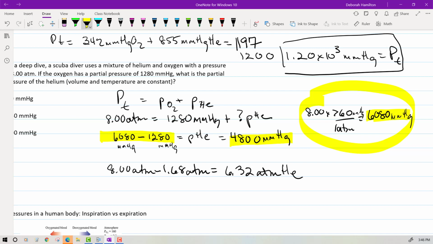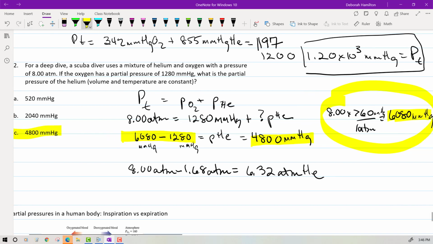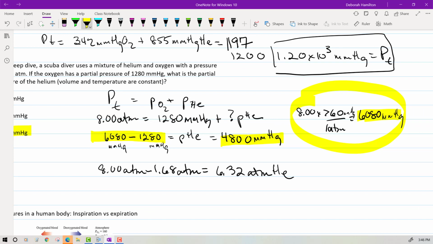All right, if the answers weren't over here for you, you could just as easily have converted the 1280 millimeters of mercury back to atmospheres. And that's what I did here. So I divided 760 into 1280 to get my 1.68 atmospheres and subtracted that from 8.